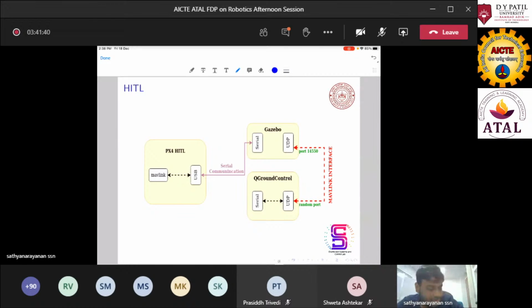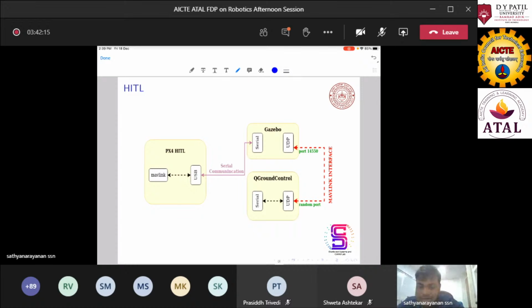Pixhawk sends the actuator input, whereas Gazebo sends the sensor inputs like position or orientation, even GPS inputs, and also gyroscope and accelerometer sensor data. Pixhawk estimates the position and orientation, tries to find out the control inputs for your vehicle, and this is communicated to Gazebo.